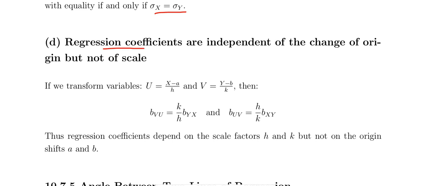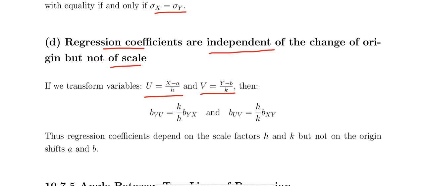Which of the following is correct? Regression coefficients are independent of the change of origin, but not of scale. Take the transformation u equals (x minus a) by h, v equals (y minus b) by k.